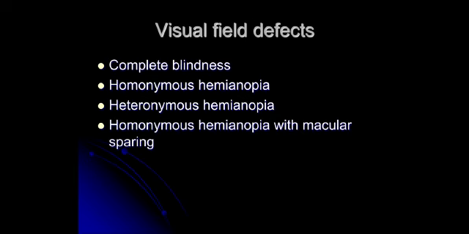So you know that if there is a defect in the same side of both the visual fields, it is called a homonymous defect, and a defect in half of the visual field is called hemianopia. A defect in the opposite sides of the visual fields is called heteronymous. Complete blindness occurs if there is a lesion in the optic nerve.